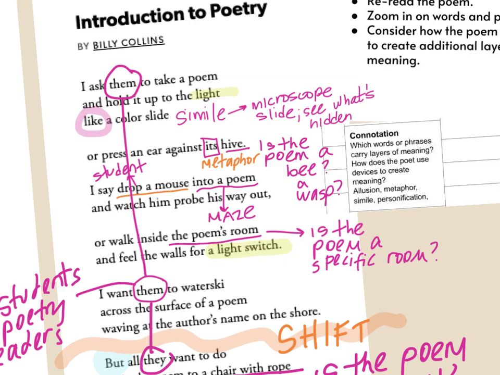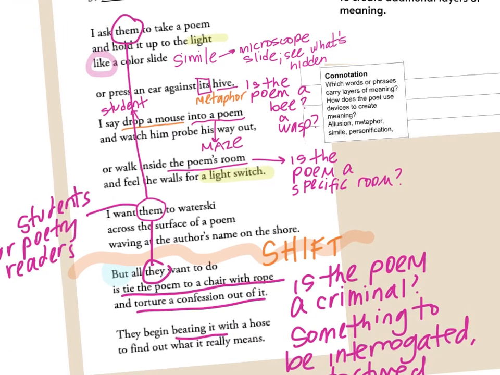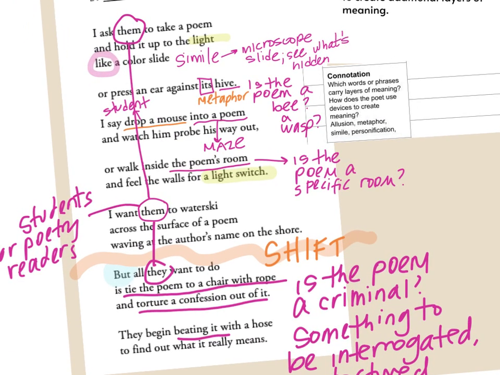So that metaphor there is compared to a dark room, and the I, or the teacher, recommends walking inside the dark room of the poem and feeling around for the light switch so that you can again illuminate the meaning of the poem. The last stanza that the I is speaking from is, I want them to water ski across the surface of a poem.